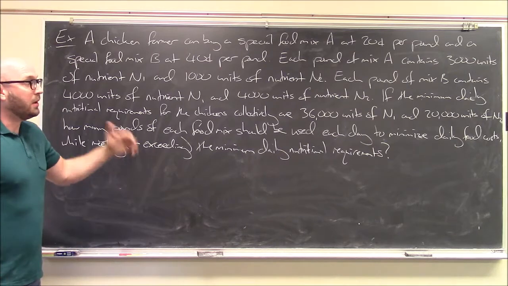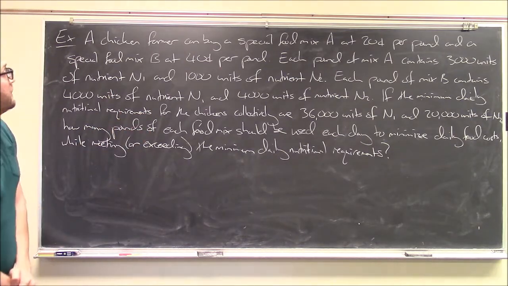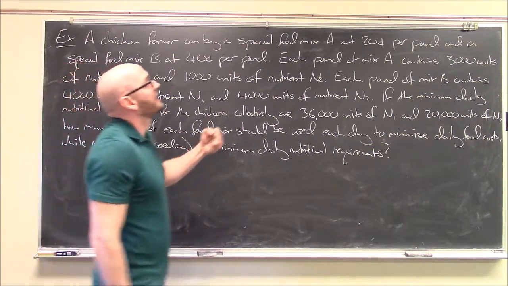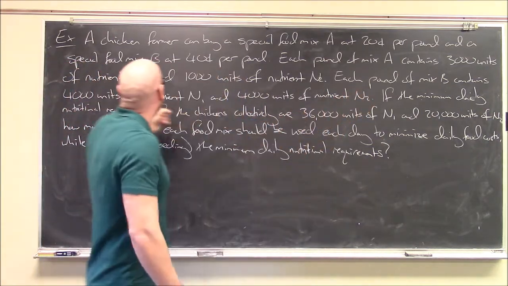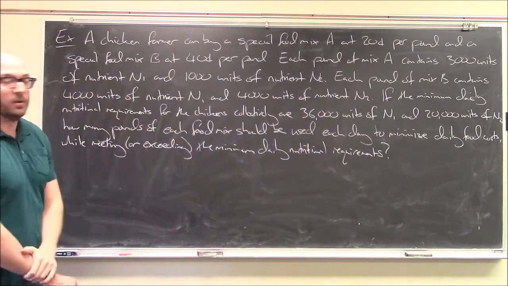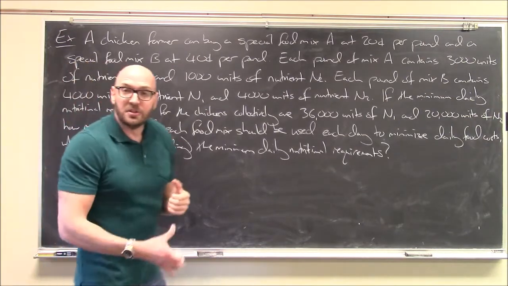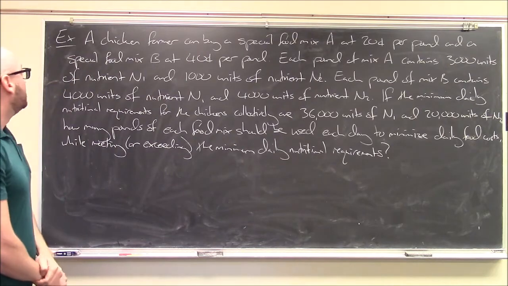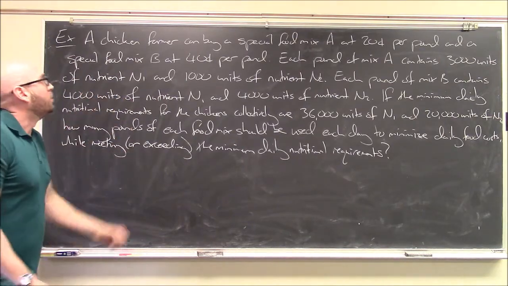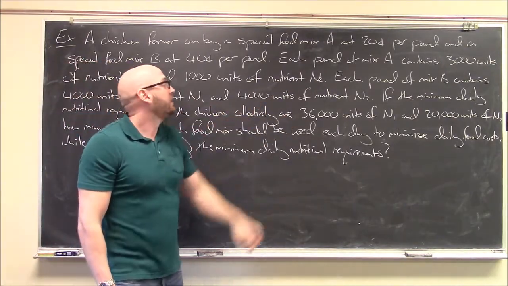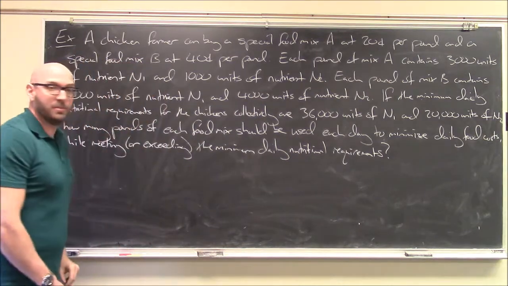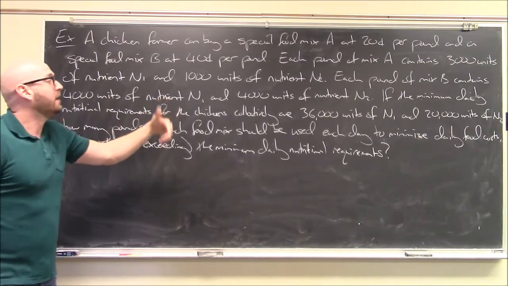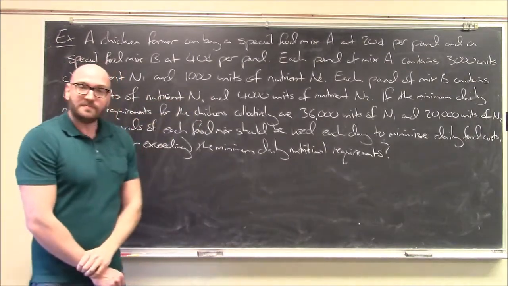So here's the entire problem. There's a lot of stuff here, but a chicken farmer can buy 2 different types of food mix. He's got type A at 20 cents a pound and type B at 40 cents per pound. And there are different nutritional profiles for each of these mixes. Each pound of mix A contains 3,000 units of nutrient N1 and 1,000 units of nutrient N2. Meanwhile, each pound of mix B contains 4,000 units of N1 and 4,000 units of N2.